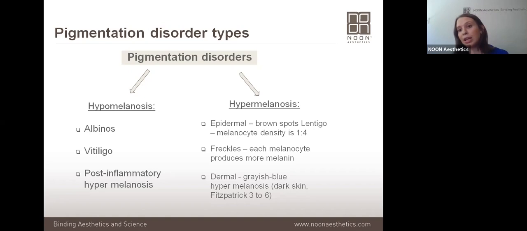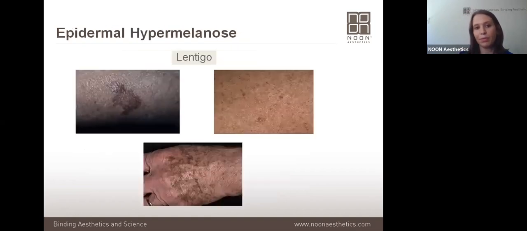Of course, if you follow the rules, you will see the results, but you need to be consistent with the treatment. So, as I said, this is the way that you can see the lentigo, the solar lentigo, the epidermal hyperpigmentation.